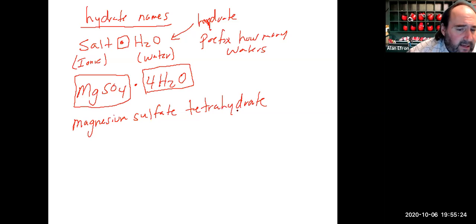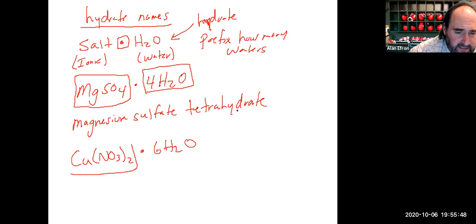So again, that's how we go about naming hydrates. Water is always hydrate with the appropriate prefix. The salt part is always named like a normal type 1 or type 2, which means if you had something like Cu(NO3)2·6H2O, if we just took the salt part first, copper is a type 2, which means we need to figure out the charge.